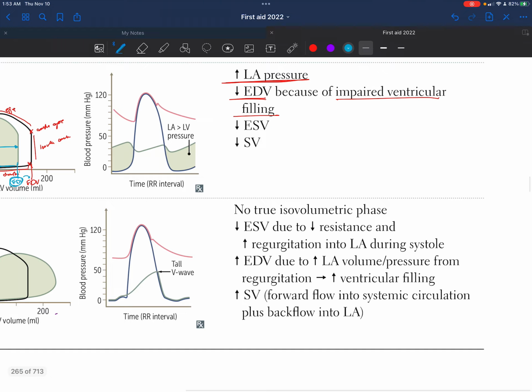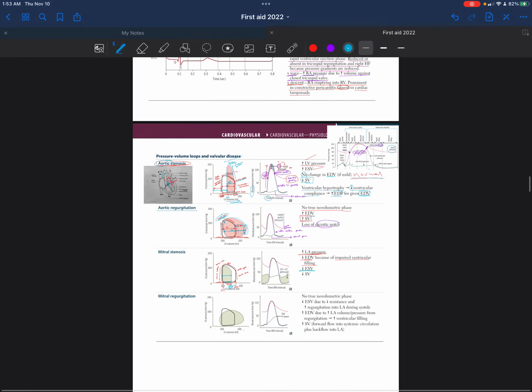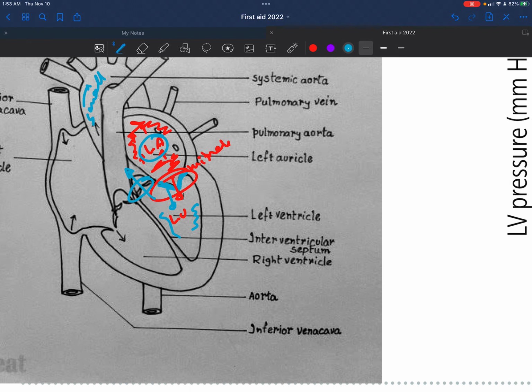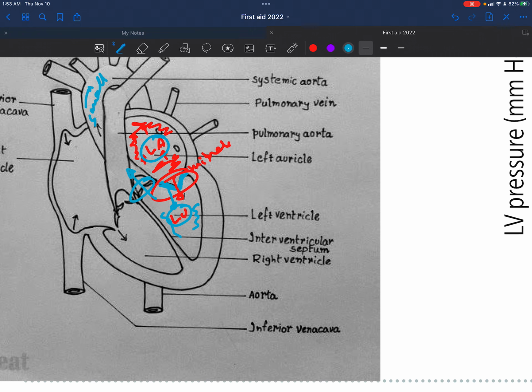And of course, there's reduced end systolic volume because now we have only a small amount within the left ventricle over here. So the left ventricle tries to contract even harder in order to push. Remember that we said that some amount of blood always stays within the left ventricle and does not completely leave.